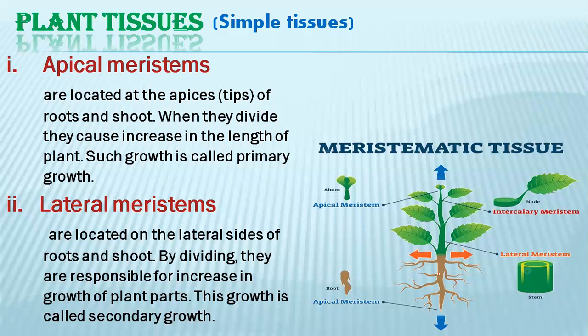Here we'll see the detail of those tissues. Simple tissues are composed of meristematic tissues. So meristematic tissues have types: apical meristems, lateral meristems, and we'll talk about the next one after some moments.